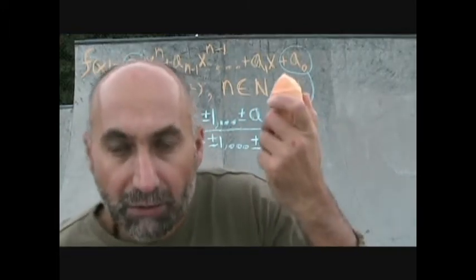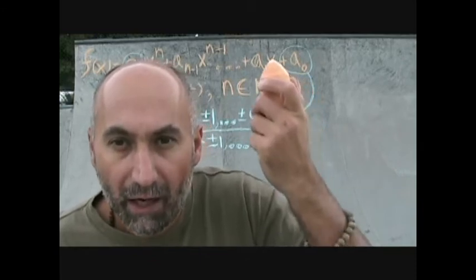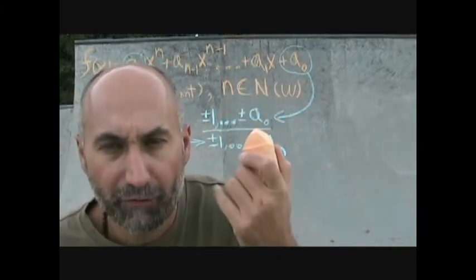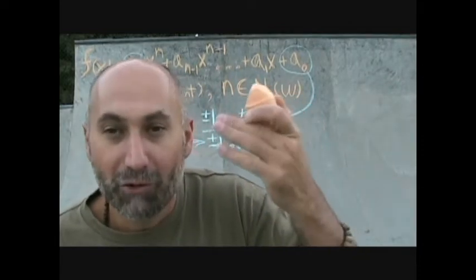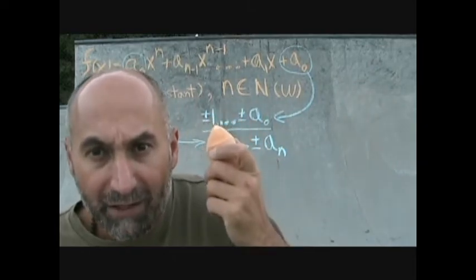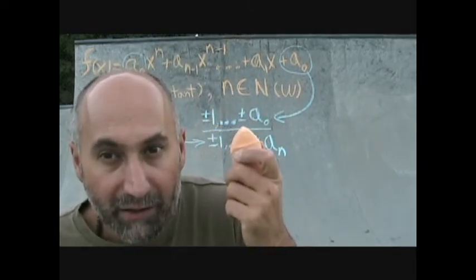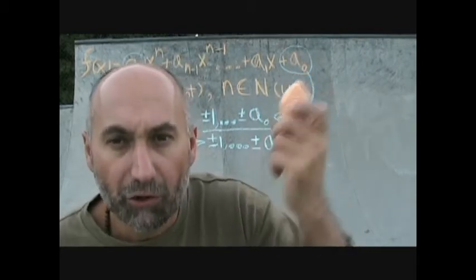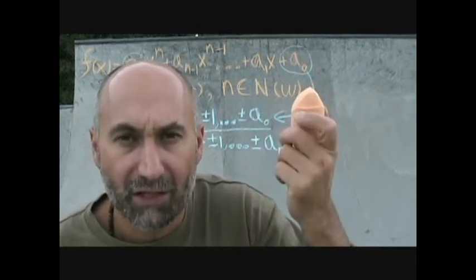So possible factors of a sub 0 start with plus or minus 1. You always try plus or minus 1 first, because plus or minus 1 are possible factors of any number. And then whatever else there is, plus or minus the term itself, because the term itself is a possible factor of itself.